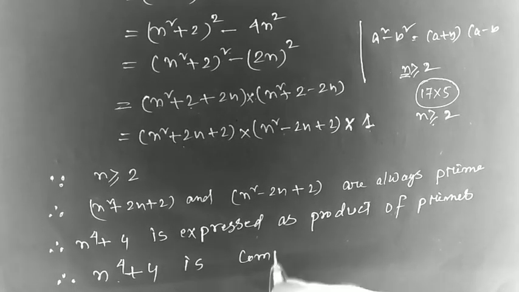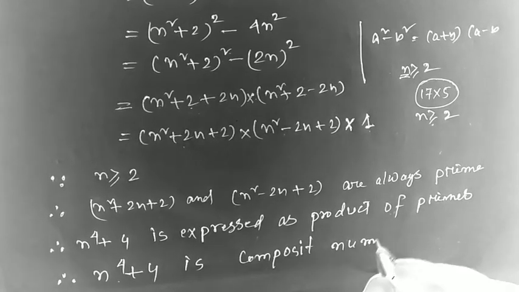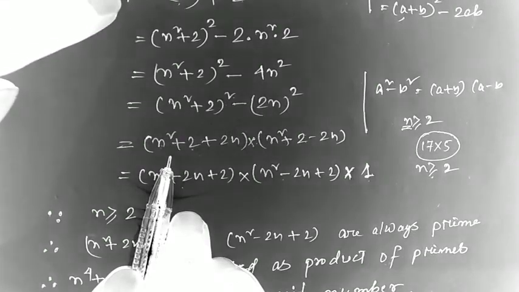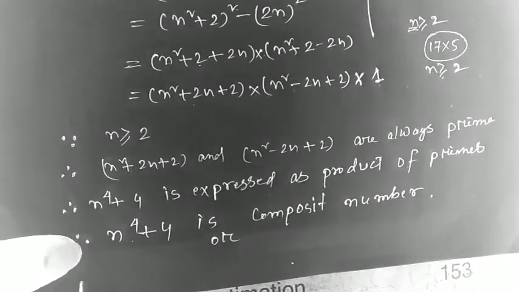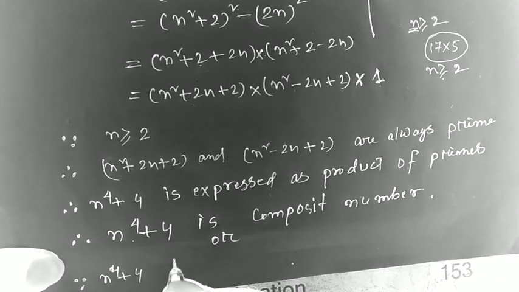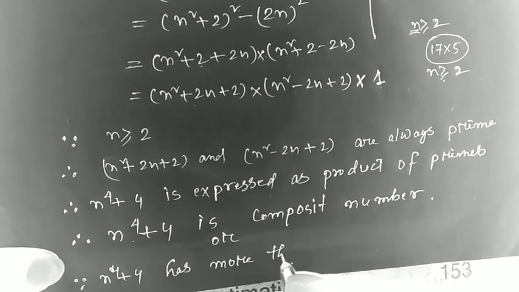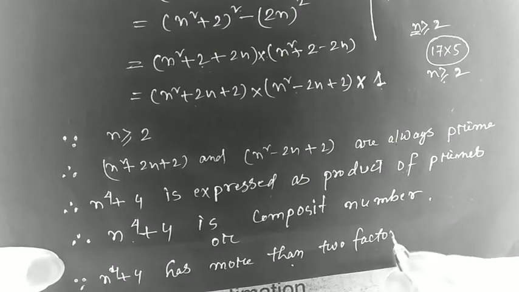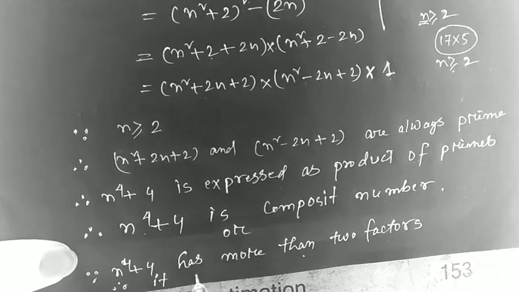That means since n is greater than or equal to 2, these two things are always prime numbers for the value of n greater than 2. So we can say that this number can be expressed as the product of prime numbers. So we can say that n to the power 4 plus 4 is a composite number.